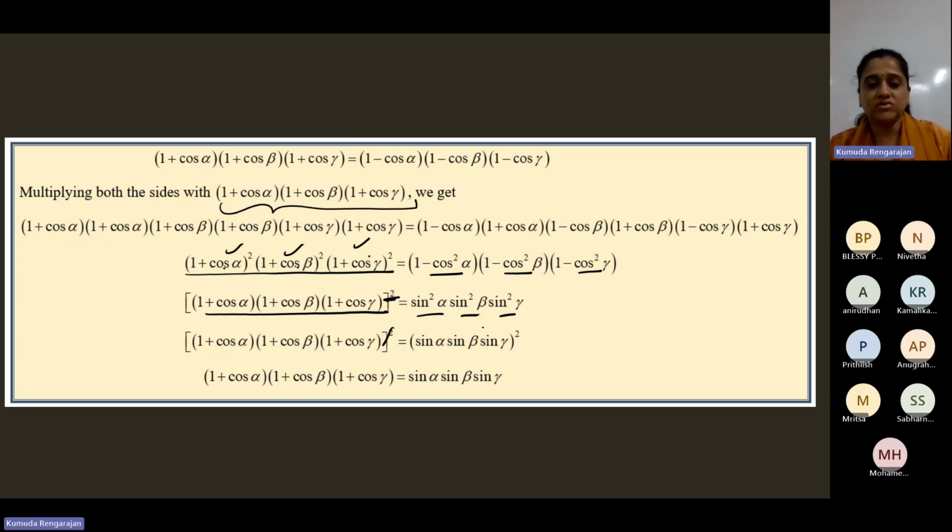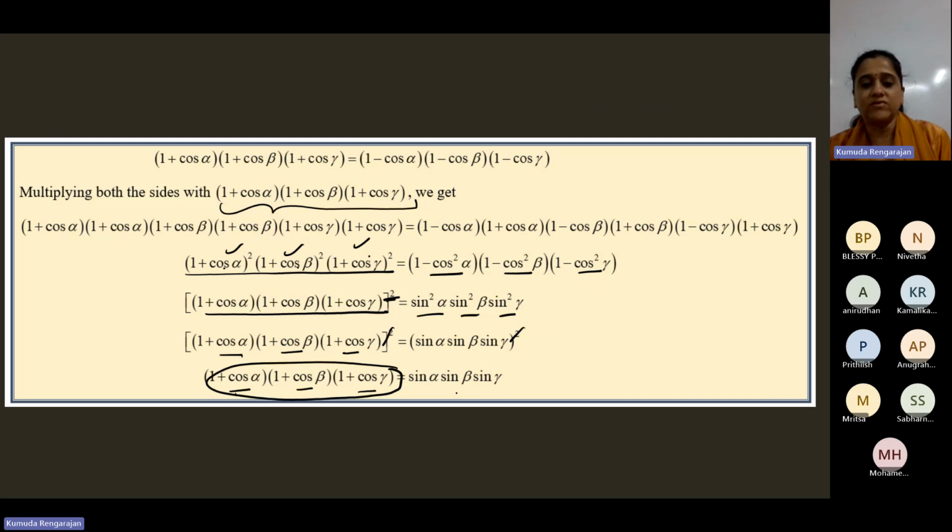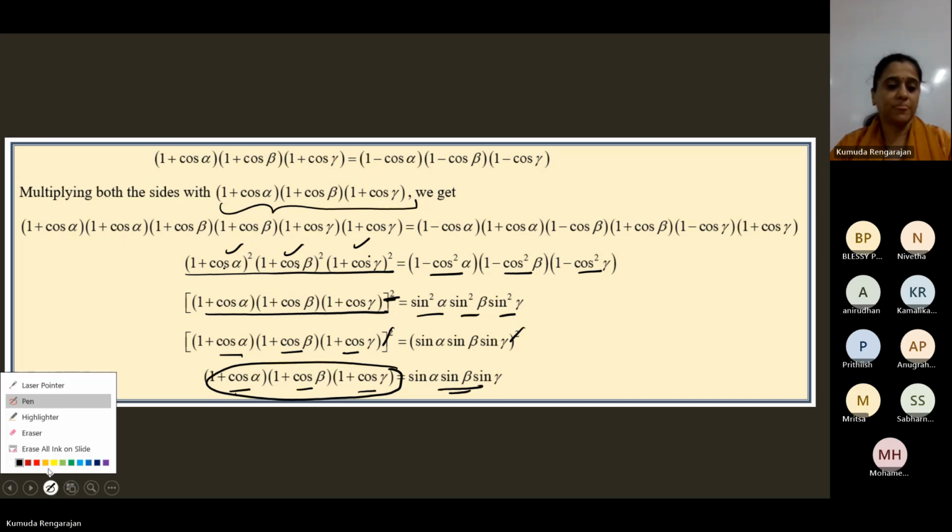So now the squares on either sides get cancelled. And so we have 1 plus cos alpha into 1 plus cos beta into 1 plus cos gamma is equal to sine alpha, sine beta, sine gamma. So we proved that the other member of this equality is also equal to sine alpha, sine beta, sine gamma.